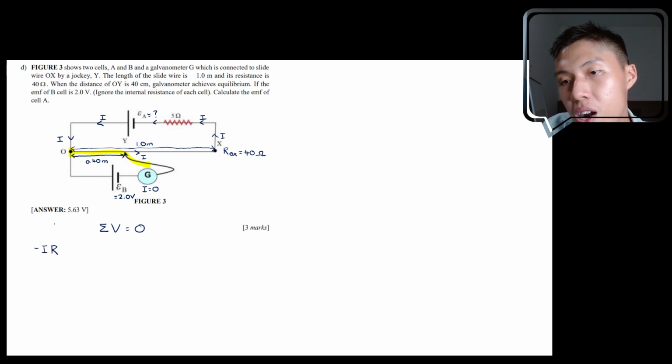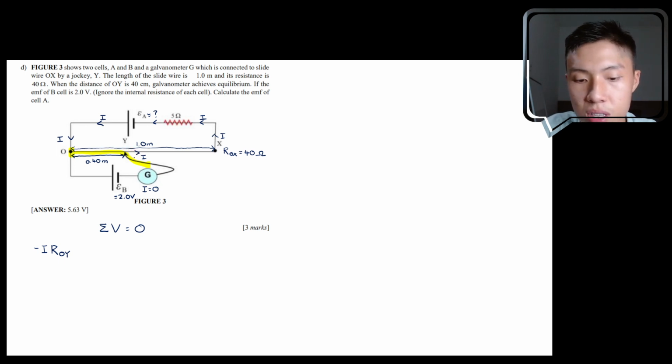But this time the R is the resistance across the wire from O to Y only. You are only passing through from O to Y, you are not going over to X. So you only need to consider the resistance of the slide wire from O to Y. So this is the portion of the journey from here to here.